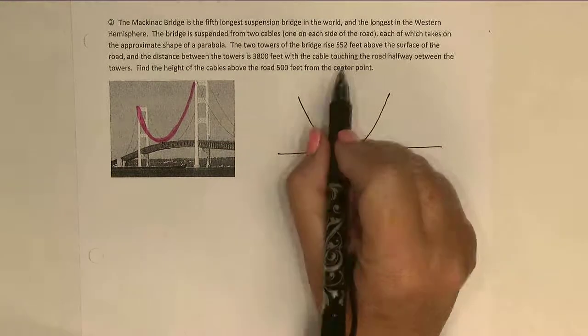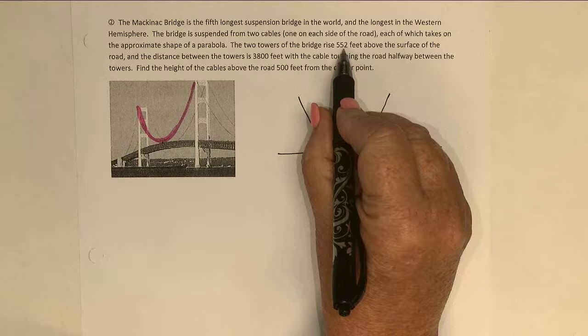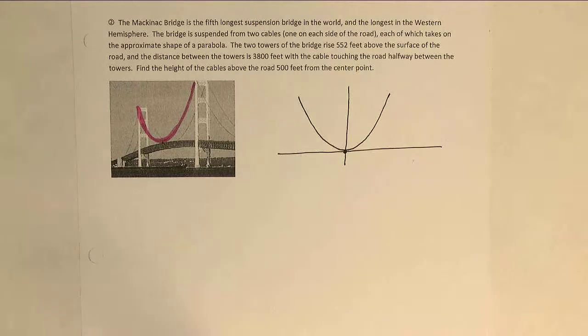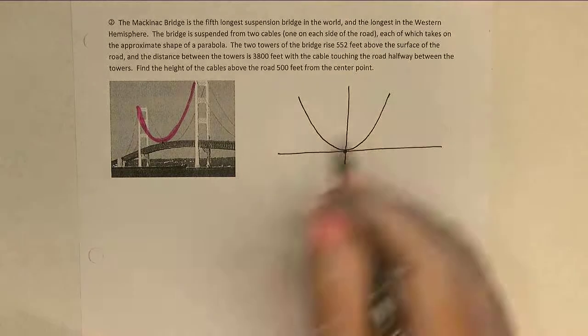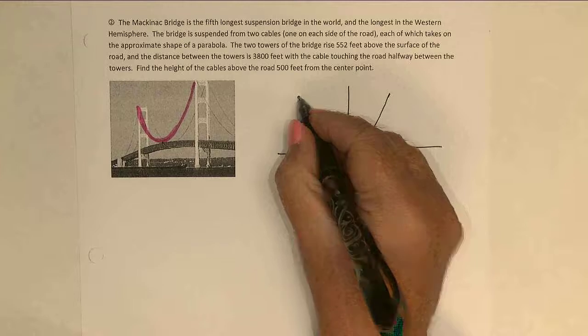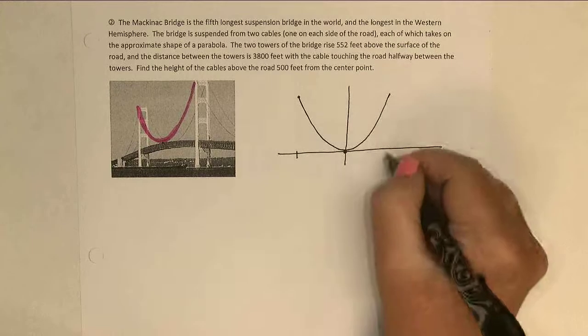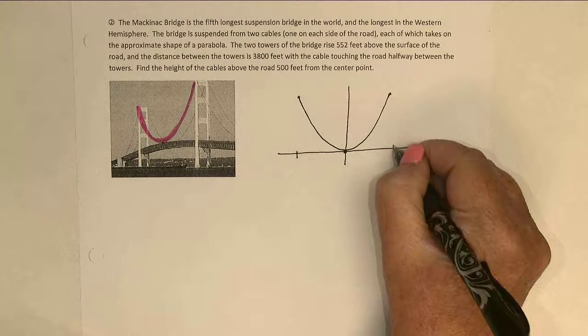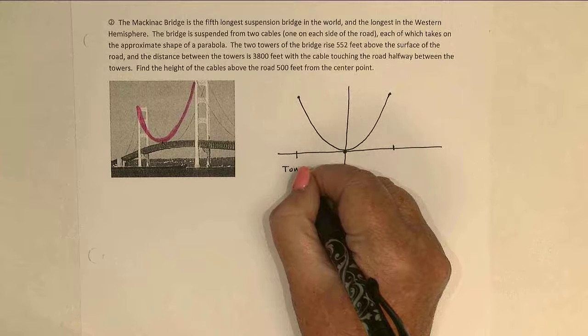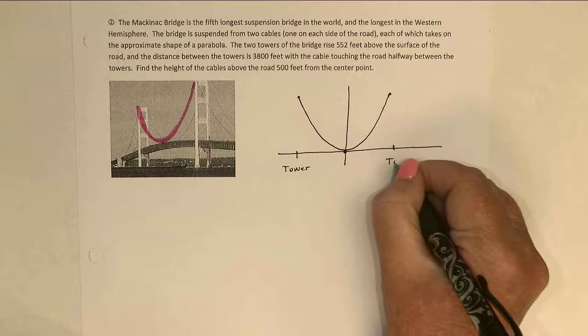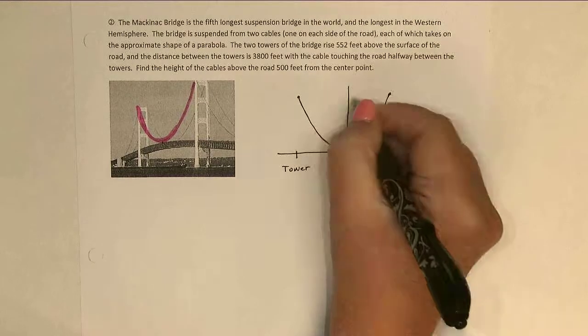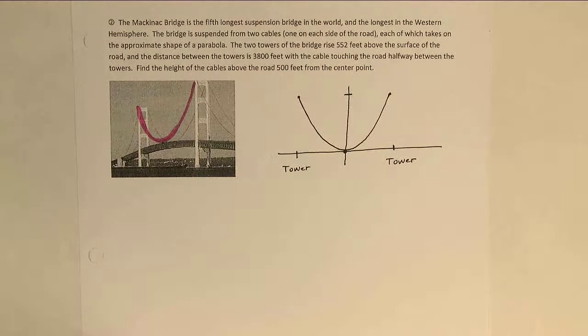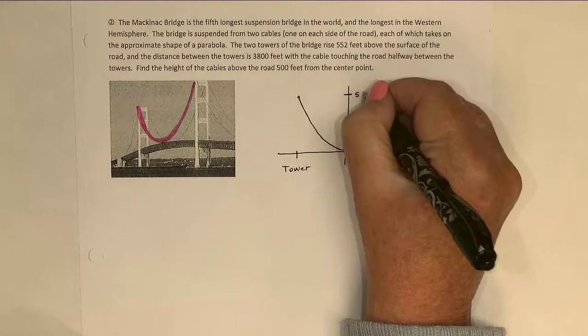Well, we know that the towers rise 552 feet above the surface of the road. So if I consider these to be the tower points, I know the height there is 552.